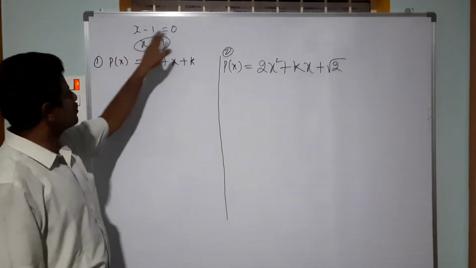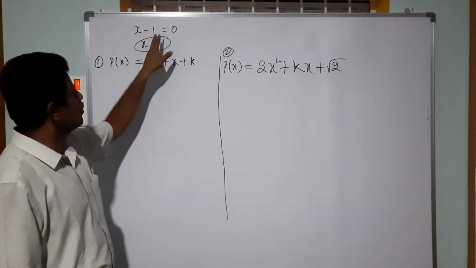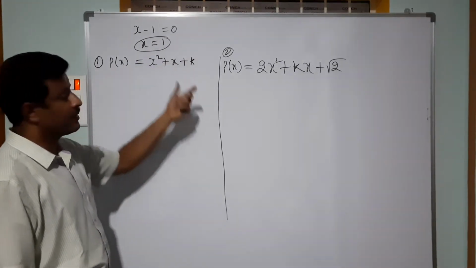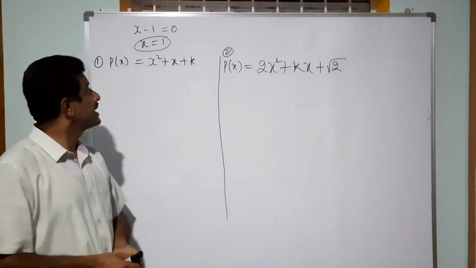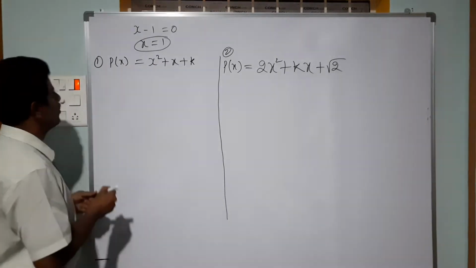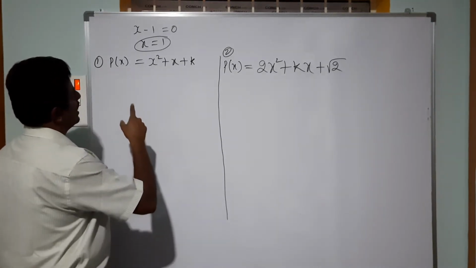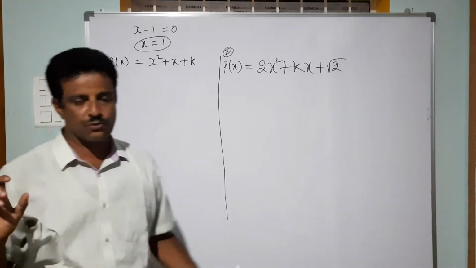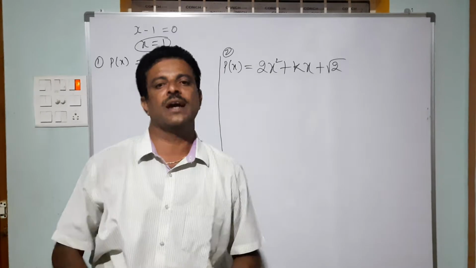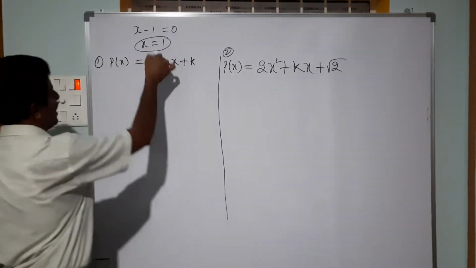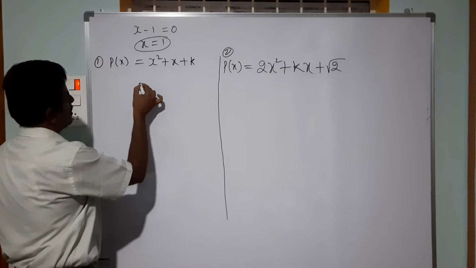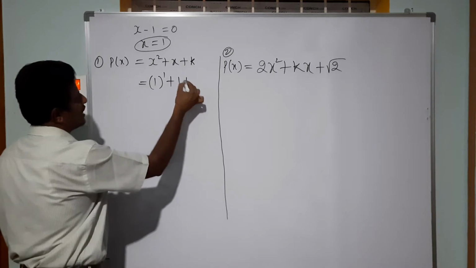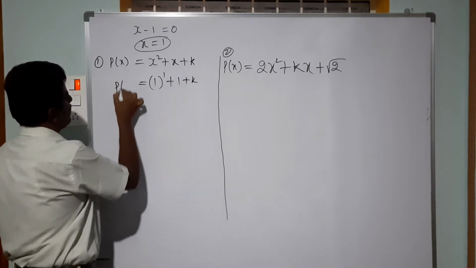So I am taking x minus 1 is a factor, then x minus 1 is equal to 0, x is equal to 1. Put x is equal to 1 in the place of x to get the value of k. Look at the board. First you must write x minus 1 is equal to 0, one of the factors. Put x is equal to 1: 1 whole square plus 1 plus k is p of x.